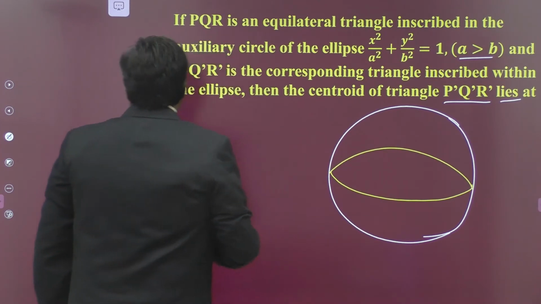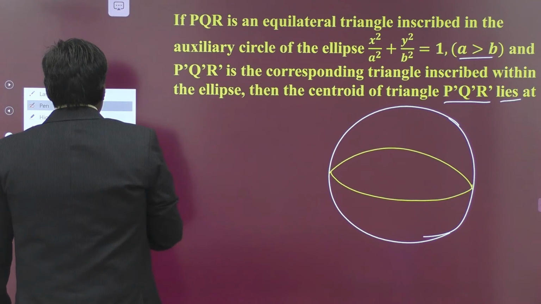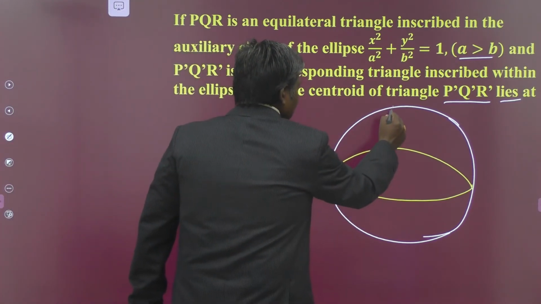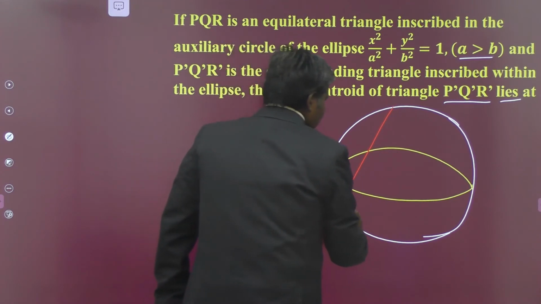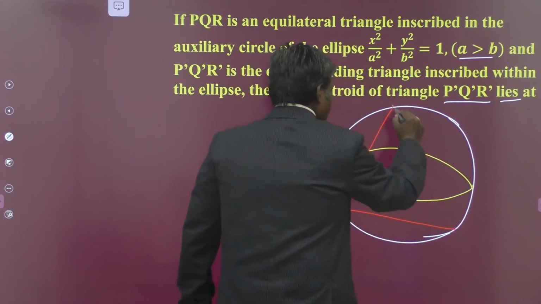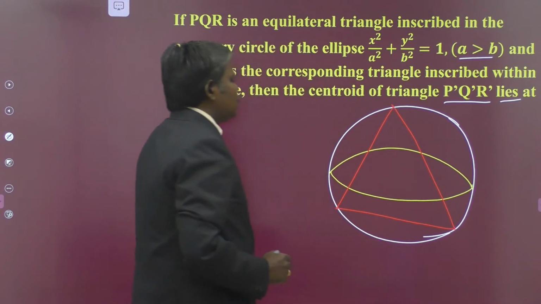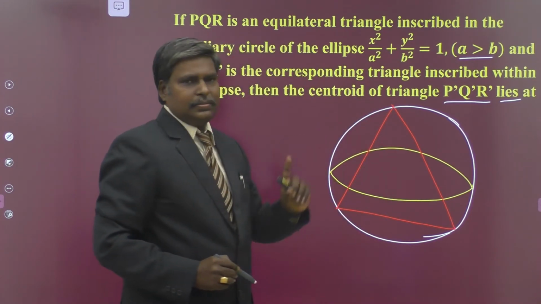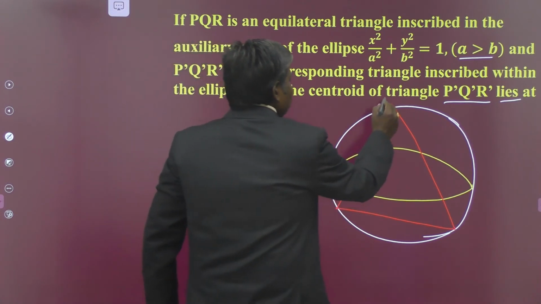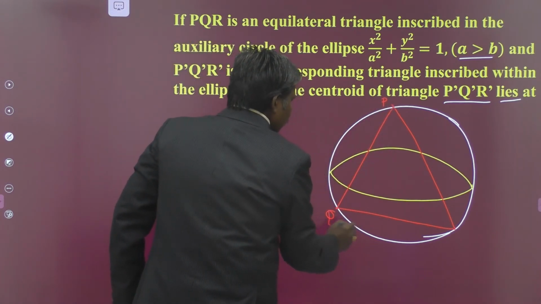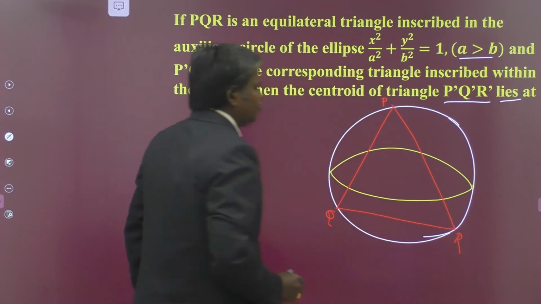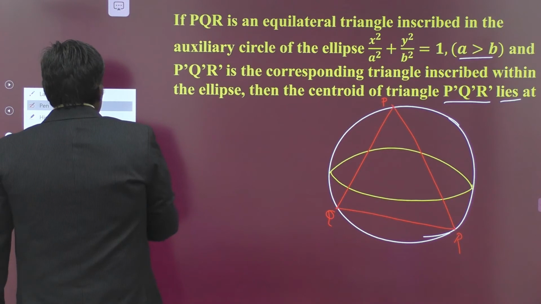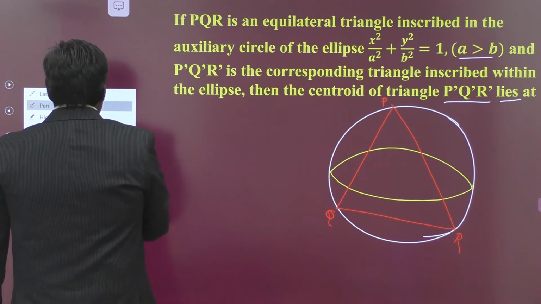Now one equilateral triangle is inscribed in the auxiliary circle. This is the equilateral triangle which is inscribed in the auxiliary circle. So this is P, this is Q, and this is R. PQR is an equilateral triangle which is inscribed in the auxiliary circle.